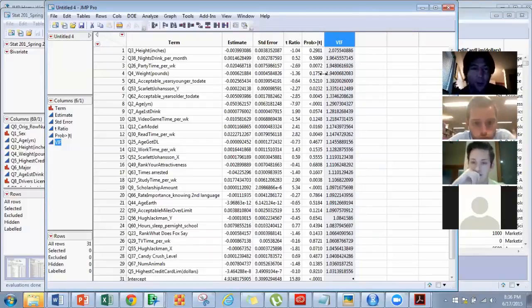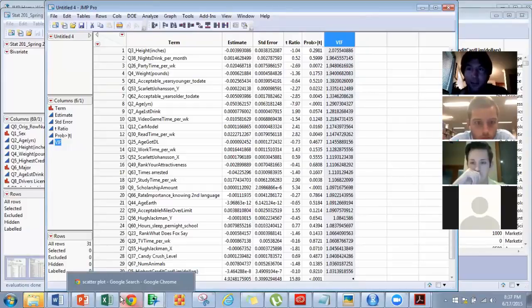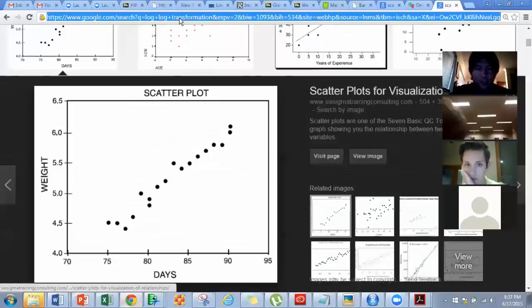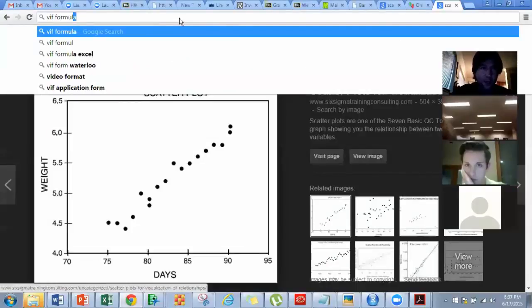The formula for the threshold is 1 over 1 minus r squared, which is the formula we use to calculate the VIF. The VIF for an individual is 1 over 1 minus r squared of the ith term, which is the ith x variable being predicted by all other x variables. Let's see if we can display that VIF formula.